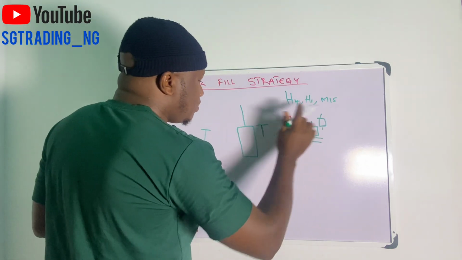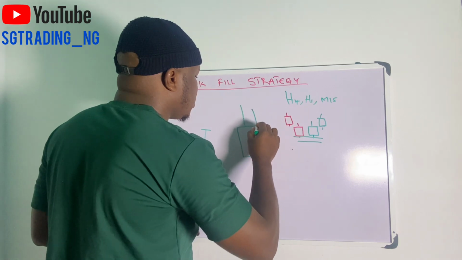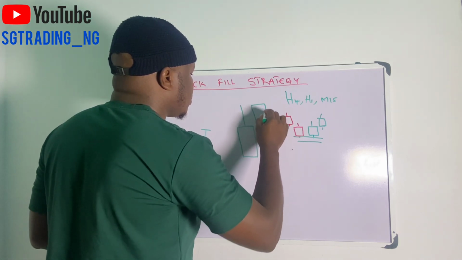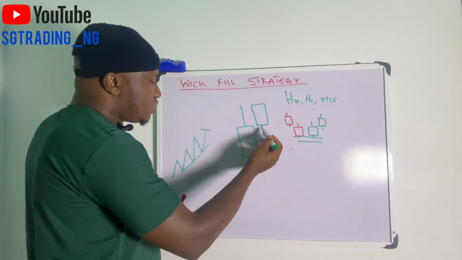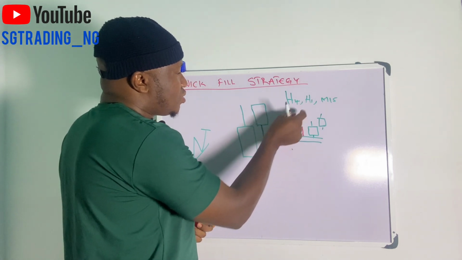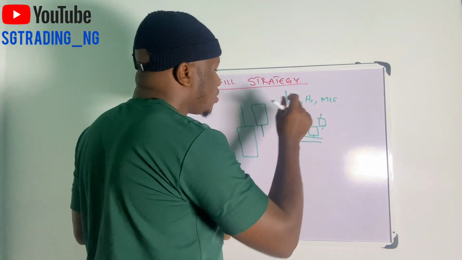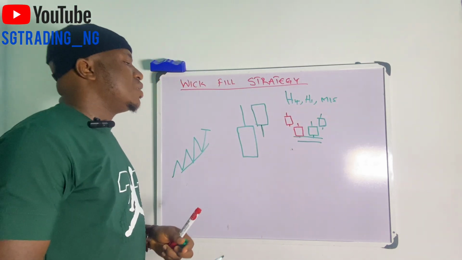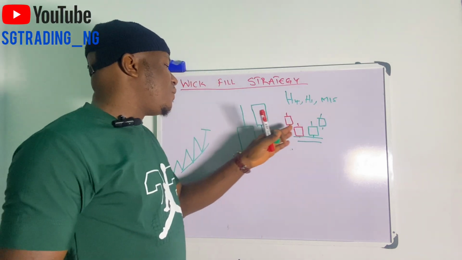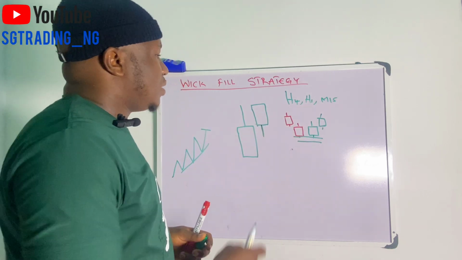Now these two bullish candles will represent the body of the candle, you can see. So this rejection candle means what? There are two bearish candles on H1. Then this full body candle means there are two bullish candles on H1. That tells us that four candles on H1 make up the 4 hour candle.